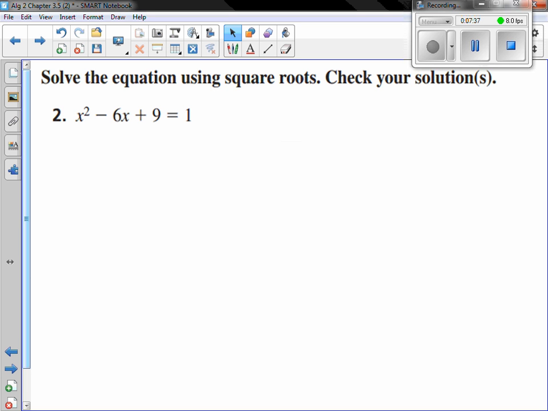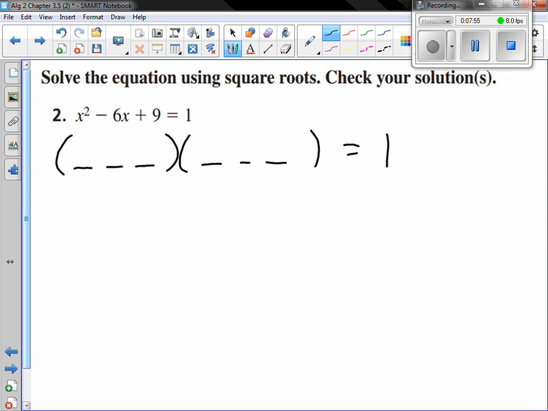So is this one here a perfect square trinomial? Yeah. 3 times 3 is 9. Let's see here. Let's factor this. Well, since the constant term is positive, the signs are the same, and they match the sign of the middle term.